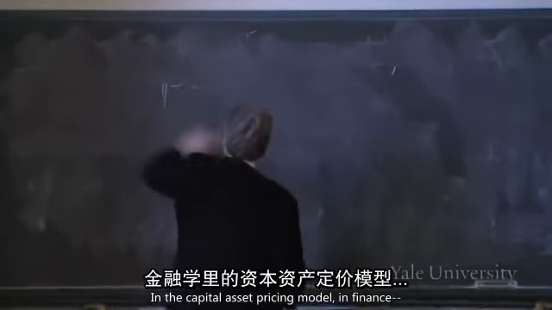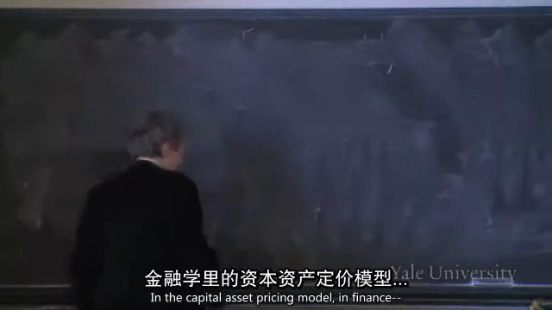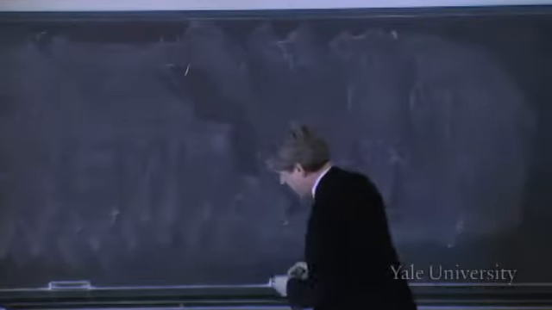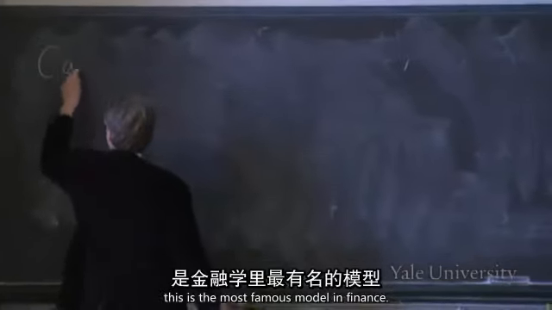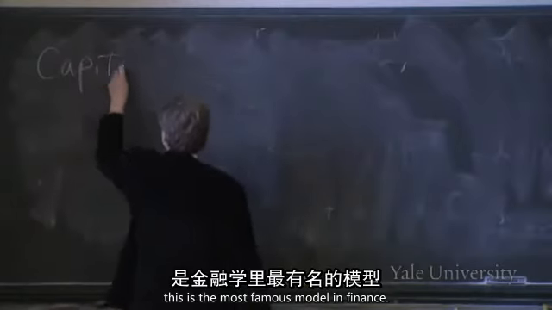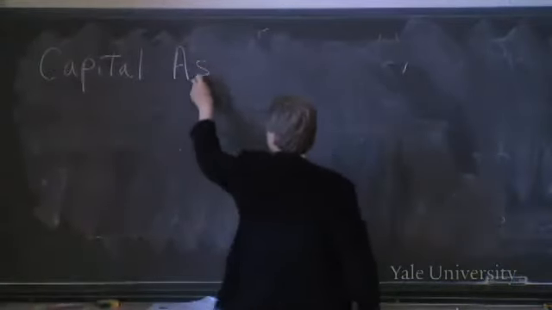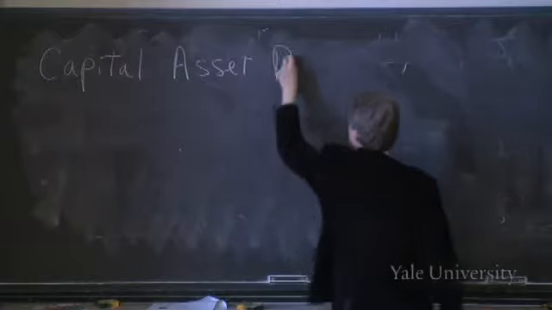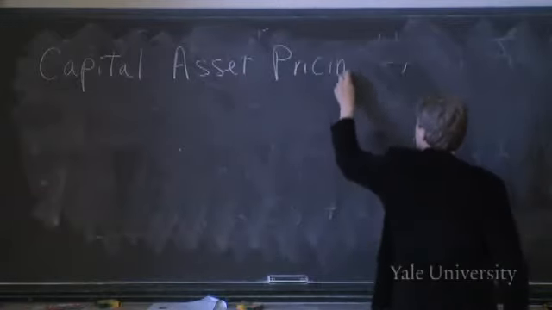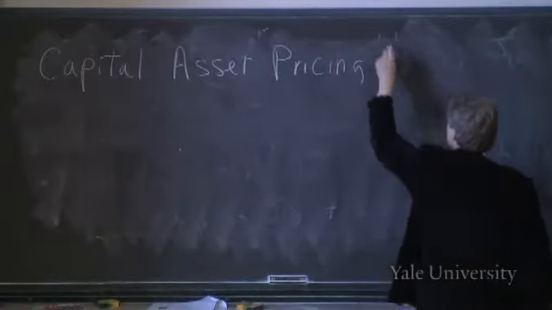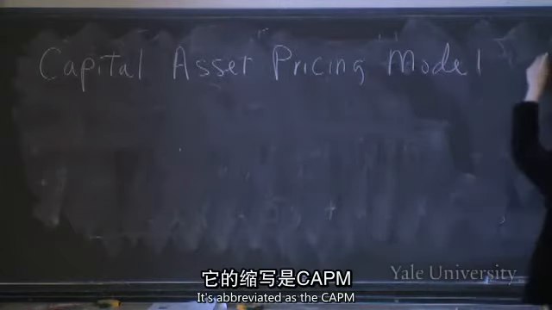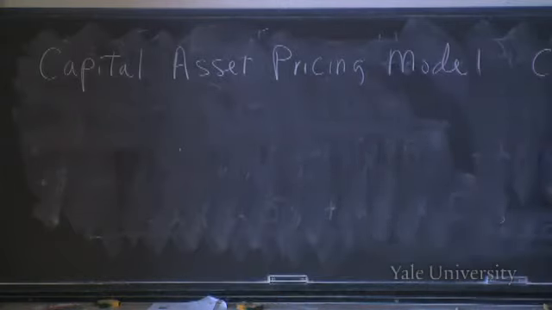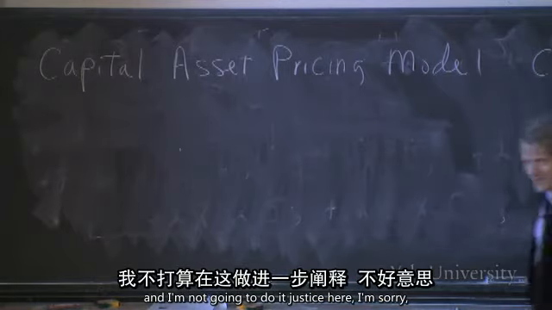In the capital asset pricing model in finance, okay, this is the most famous model in finance. And it's abbreviated as the CAPM. And I'm not going to do it justice here, I'm sorry.